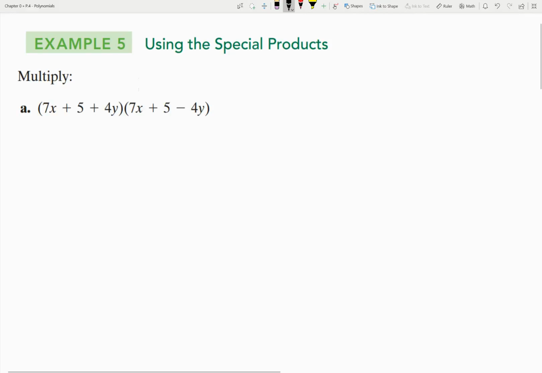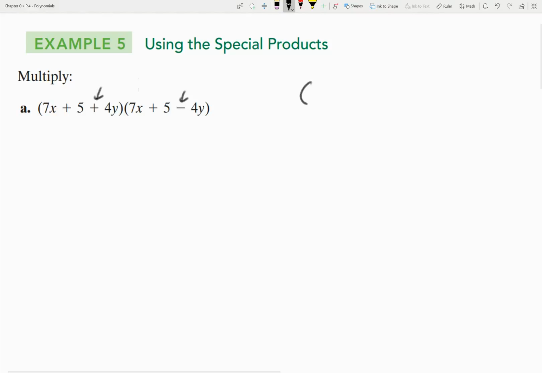But if you recognize something, then it's a little bit easier. If you recognize that all of these numbers are the same, and the only difference happens there, we can use one of our special techniques.